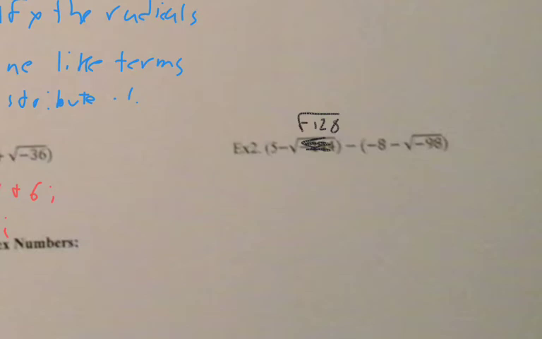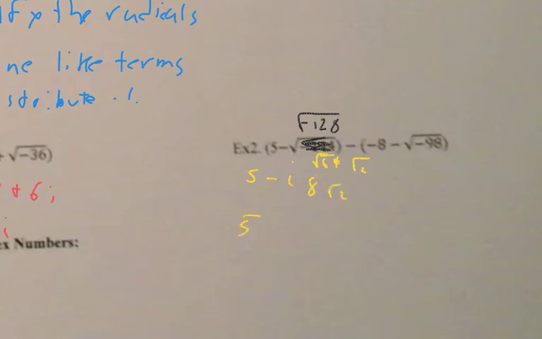Alright, here we have 5 minus square root of 128 minus negative 8 minus square root of 98. So we'll start with the first one. We have 5 minus, remember, factor out the i under the negative, and the square root of 128 simplifies to square root of 64 times 2, so you get 8 here times 8 rad 2.